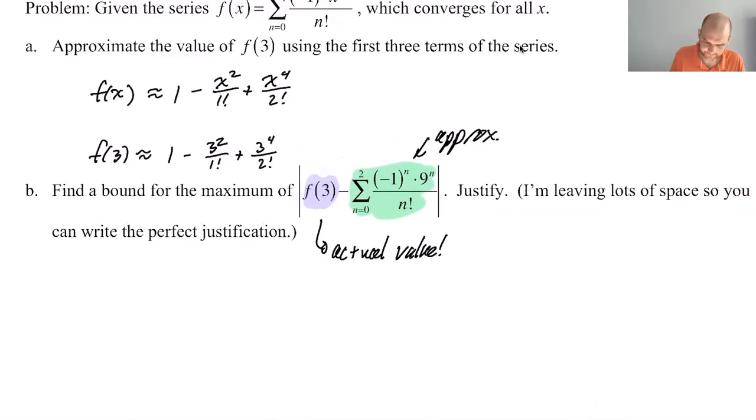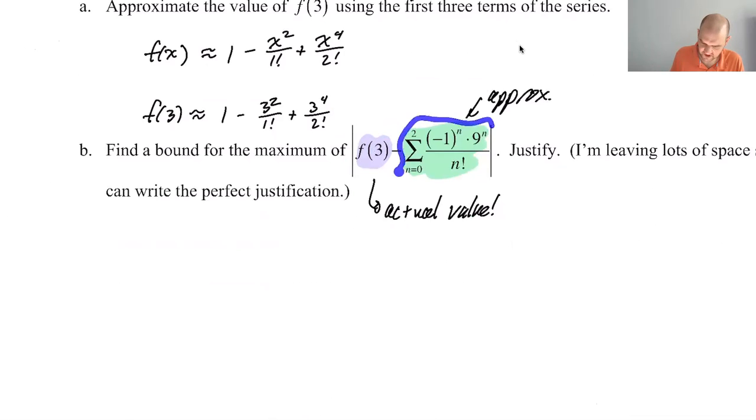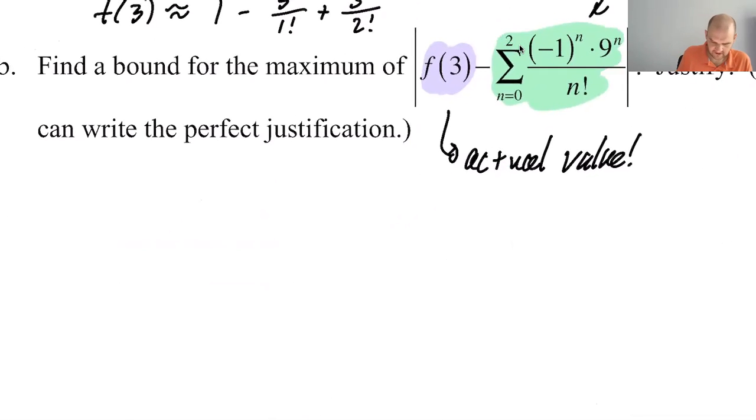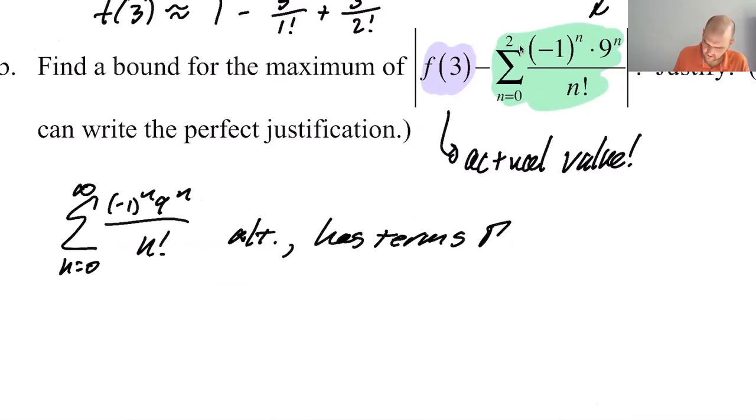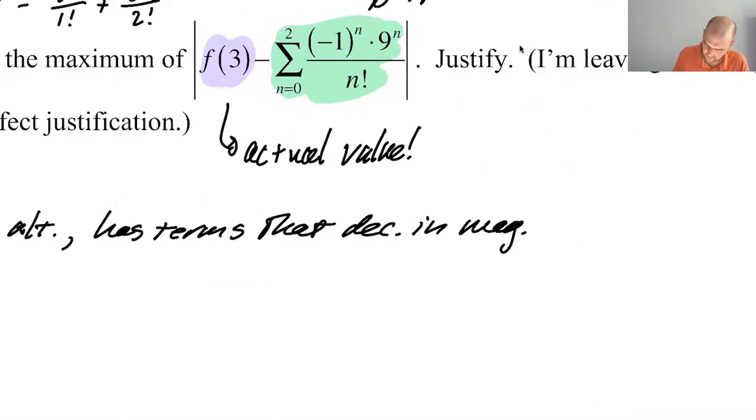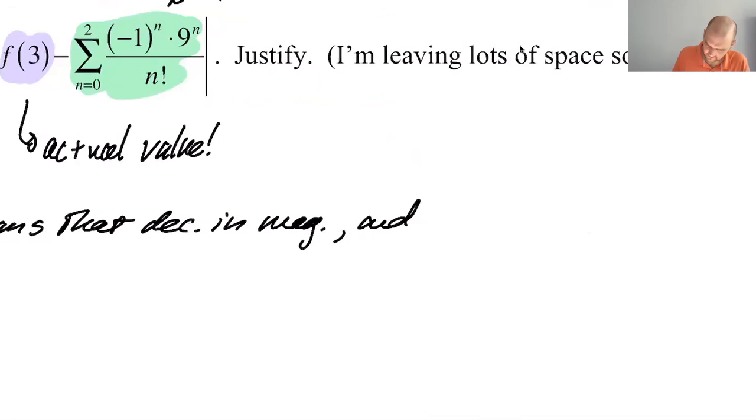So I'm going to say that if I went to infinity, I'm just going to borrow this, the sum from n equals 0 to infinity of negative 1 to the n, 9 to the n. 9 is 3 to the 2, so 9 to the n over n factorial alternates, has terms that decrease in magnitude, and the limit as n approaches infinity of 9 to the n over n factorial is 0.